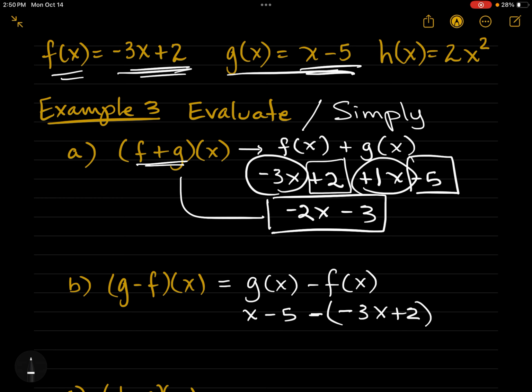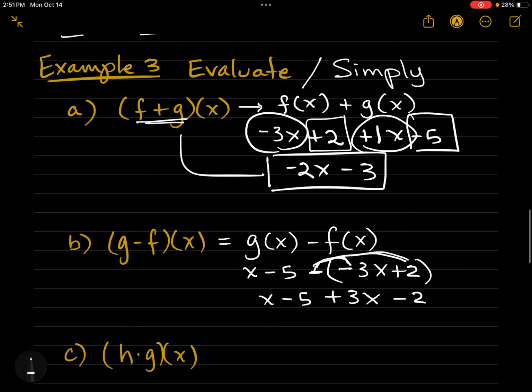And since it's subtraction, I have to be careful because I'm going to distribute the negative to both parts of f. So I get x minus 5. Negative times a negative is a positive, and that's minus 2. So we get 4x minus 7.